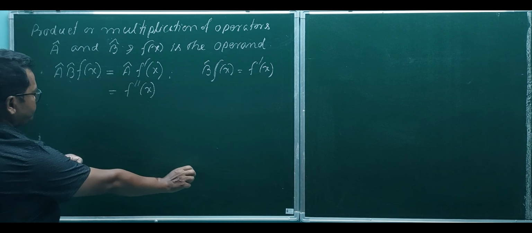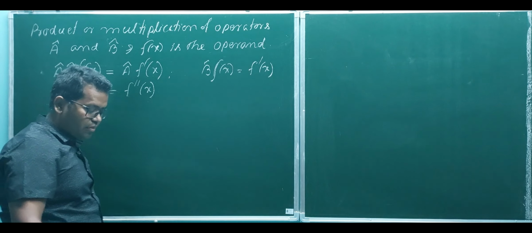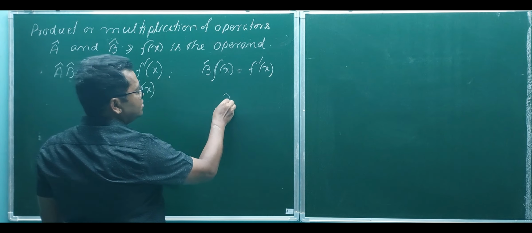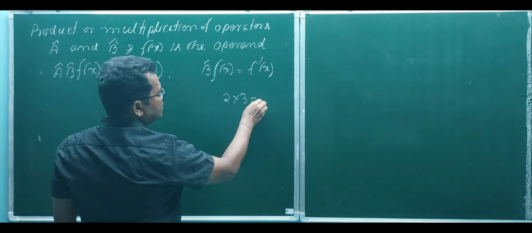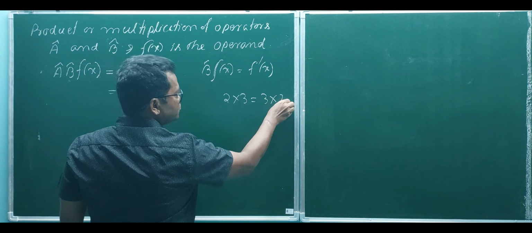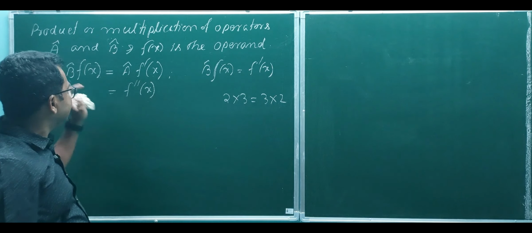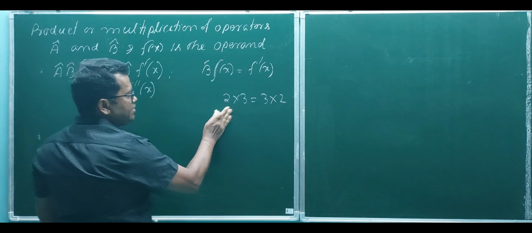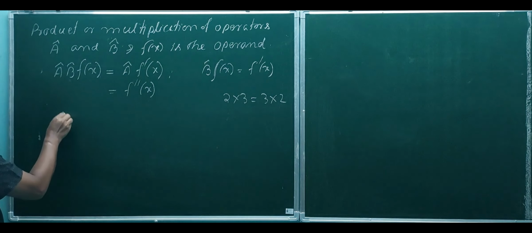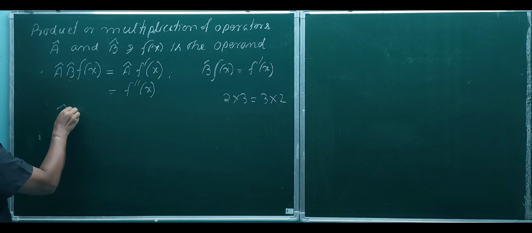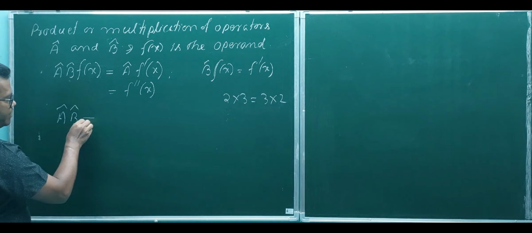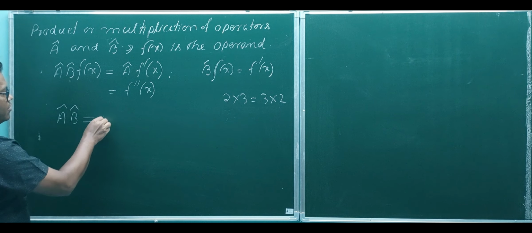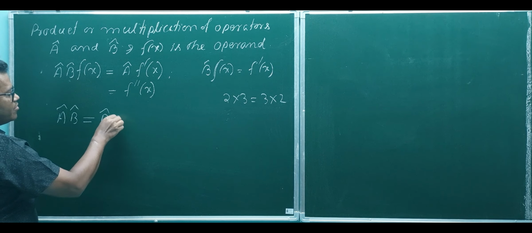Now, in our simple algebra, you see 2 into 3 equal to 3 into 2. But in this case, A cap B cap may or may not be equal to B cap A cap.